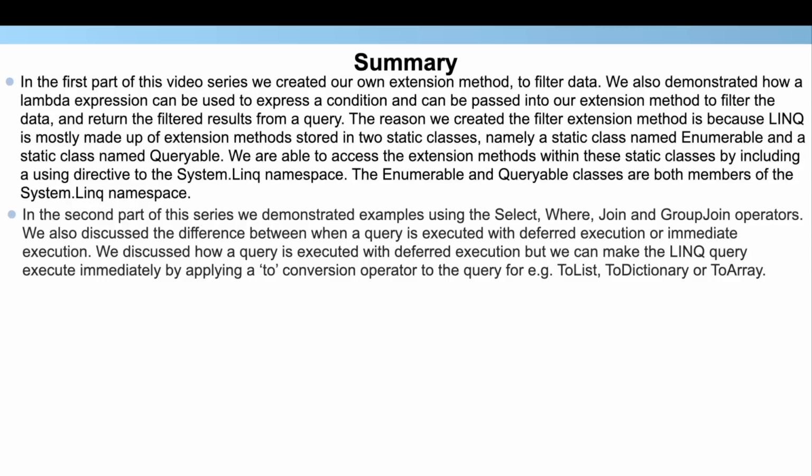We also discussed the difference between when a query is executed with deferred execution or immediate execution. We discussed how a LINQ query is executed with deferred execution, but we can make the LINQ query execute immediately by applying a To-conversion operator to the query. For example, ToList, ToDictionary, or ToArray.